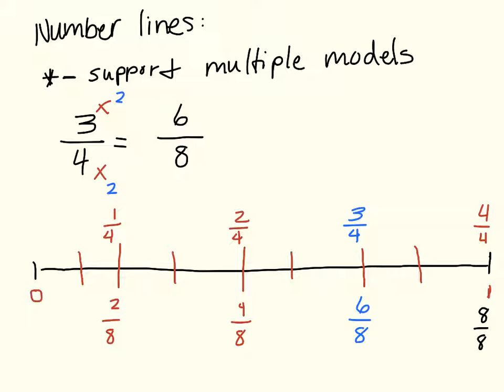So as you can see, 3/4 and 6/8 are on the same part on my number line. They're equal. So now I have different models. I'm labeling, and my answer is complete.